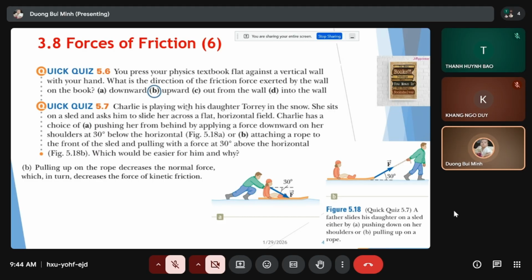And we have the y-axis. Here this is the x-axis, and we have the y-axis.